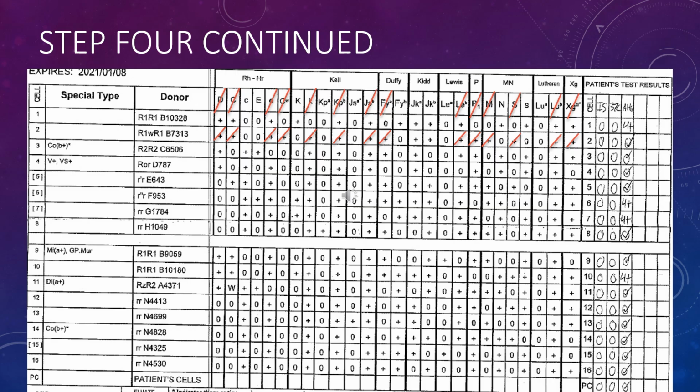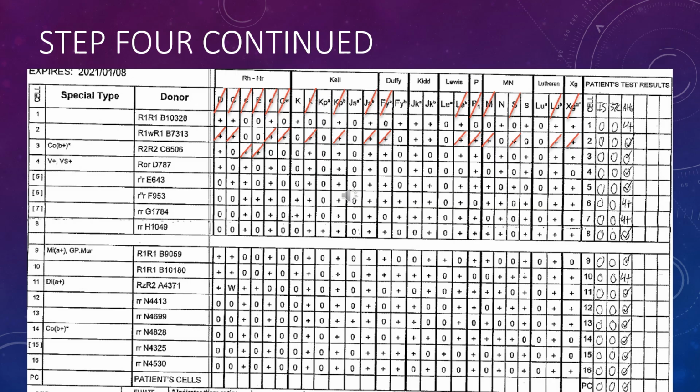So can we use cell 3? Yes, because all of the reactions at immediate spin, 37 and AHG are all negative. Okay, so first you're going to cross off little c. Remember, it's homozygous, and then big E. We still can't cross off K or KPA or JSA or Duffy B. What about JKA?